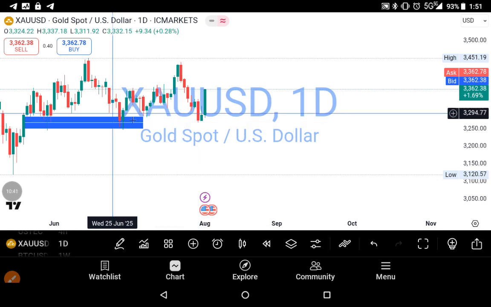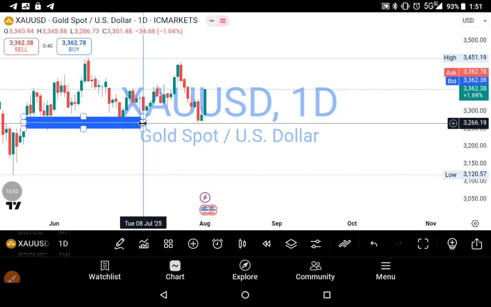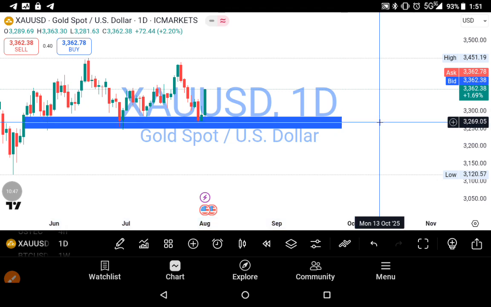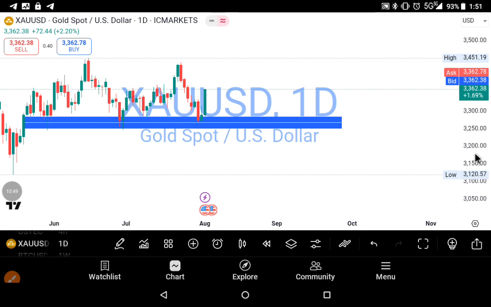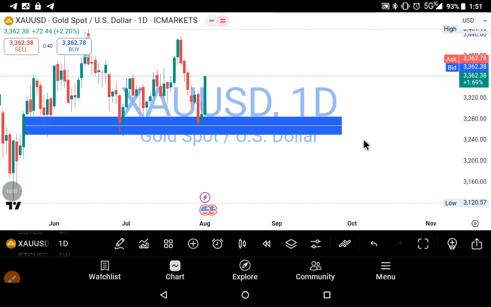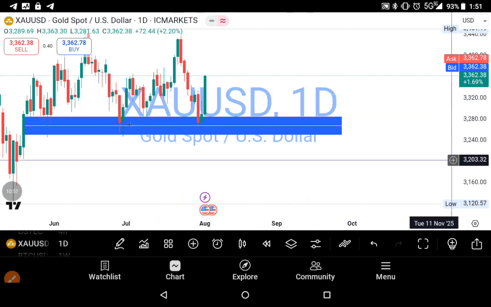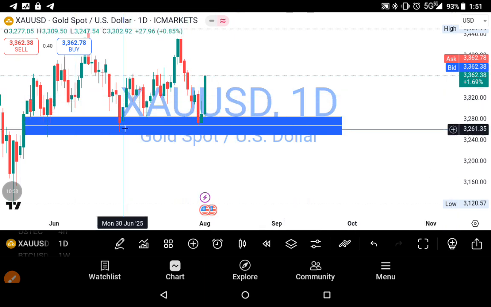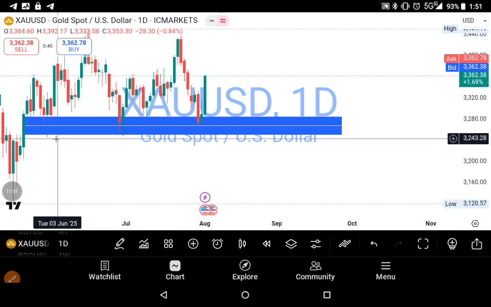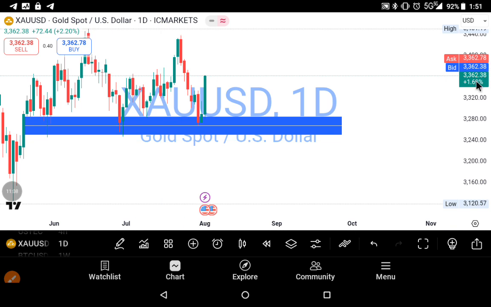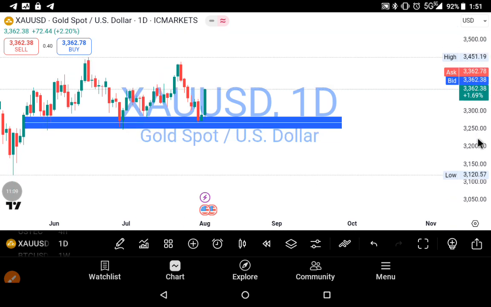I've been watching this blue line for a while. As long as the market price gets to that level and it repels, I'll be watching whether the market price is ready to take these lows, or it still wants to leave them untouched.